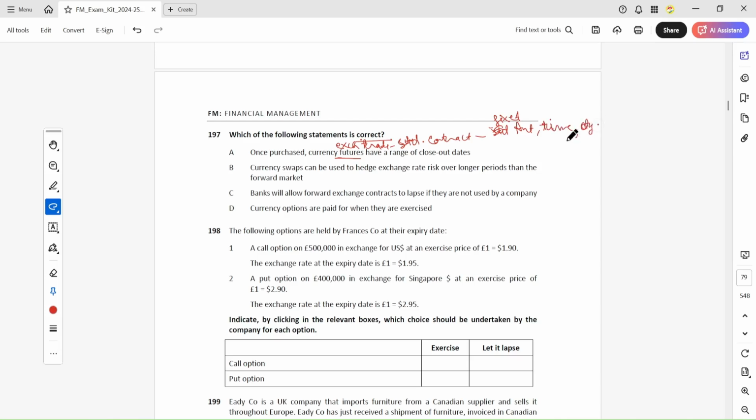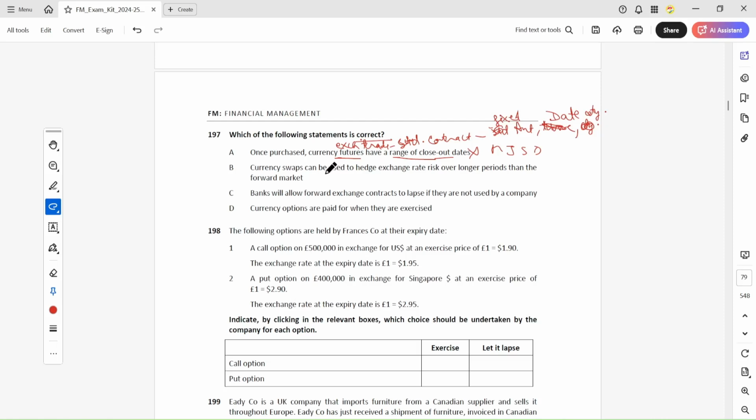So the expiry date is fixed and the quantity is fixed, so the closeout dates are not a range of dates. These are March, June, September, December. Okay, so this is incorrect.